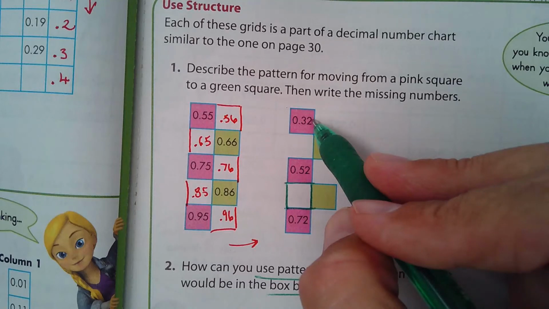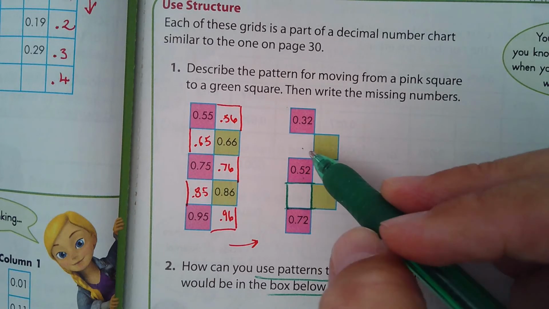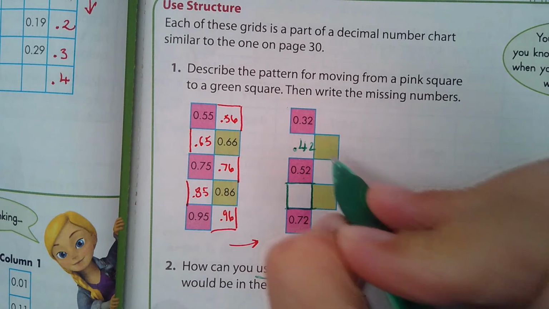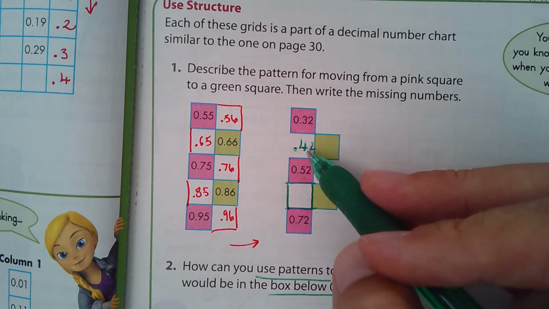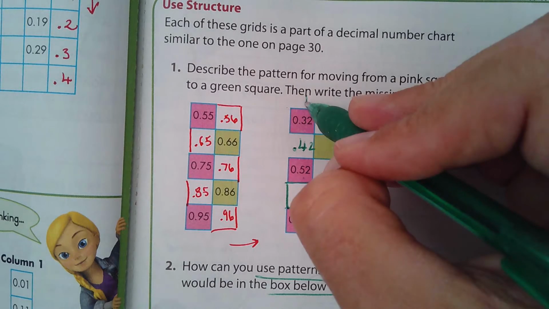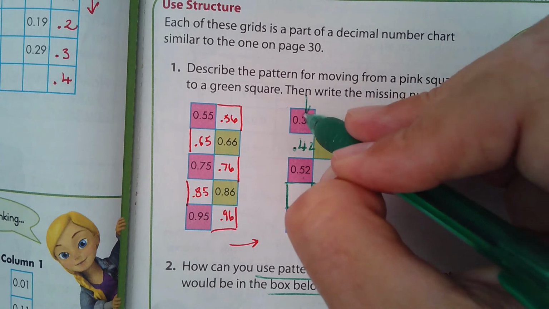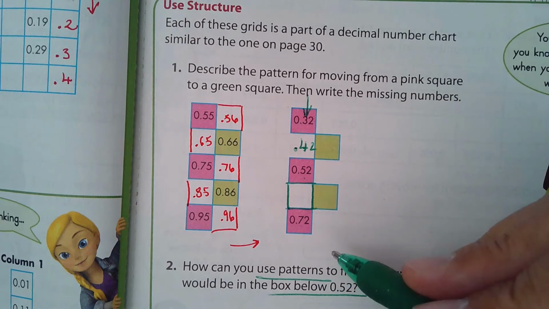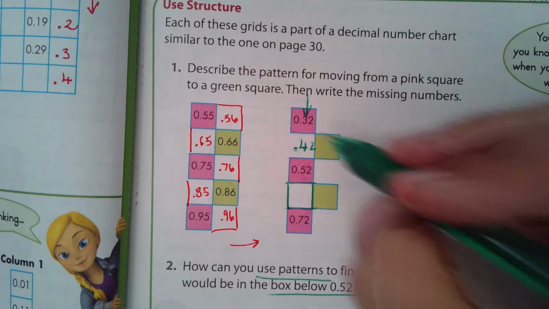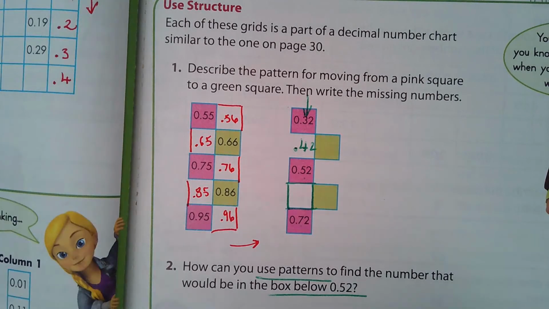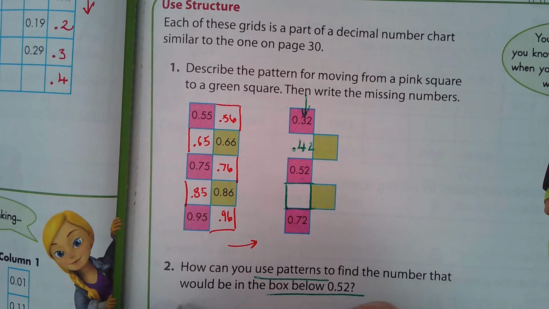If this is 0.32 and this is 0.52, what do you think would go right here? Well, I think it's pretty obvious, 0.42. So they're increasing by what? What place, this is important that you guys know these, what place is the 3? What place is the 4, the 5, whatever would go here? What place is the 7? That's the 10th place, so they're increasing by 1/10. All right? So again, you could just write going down.